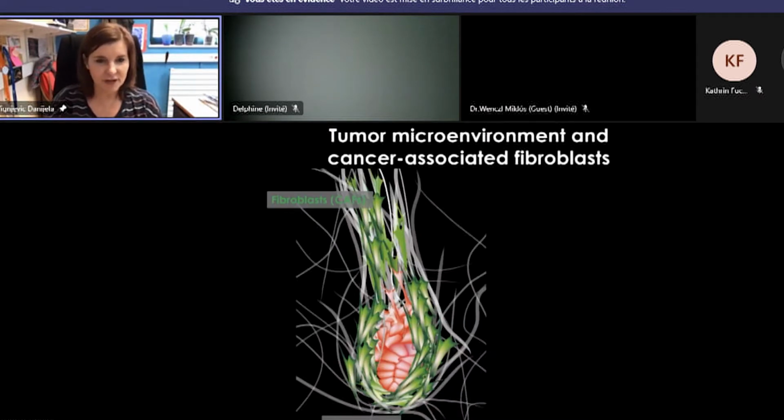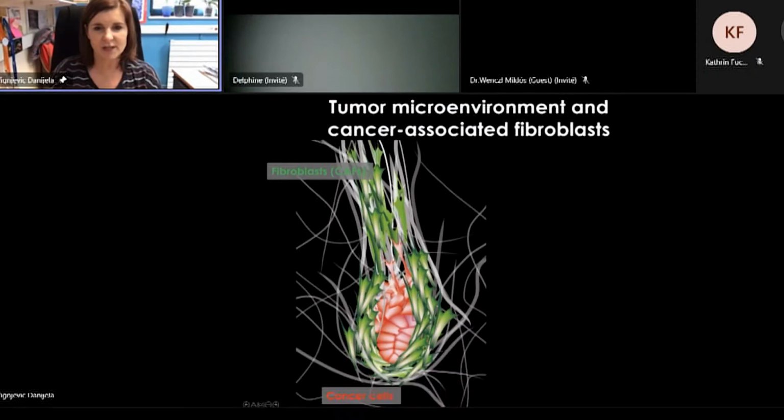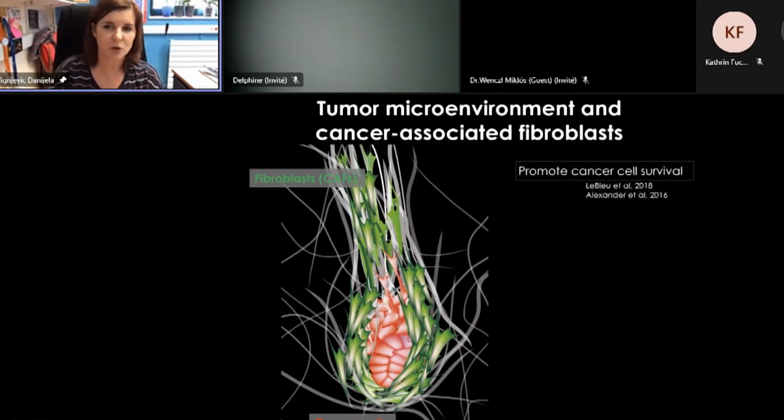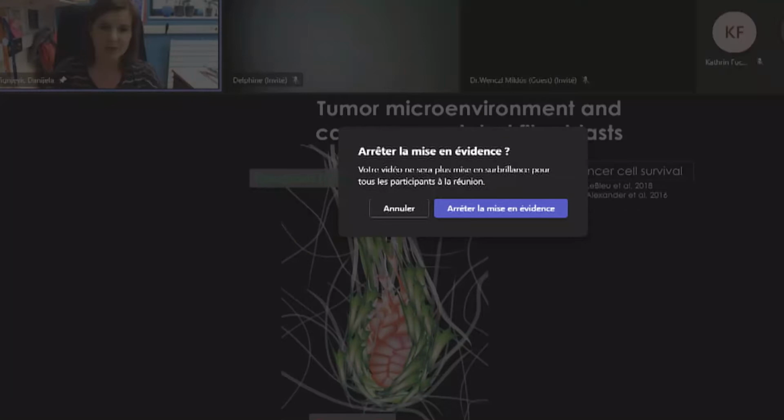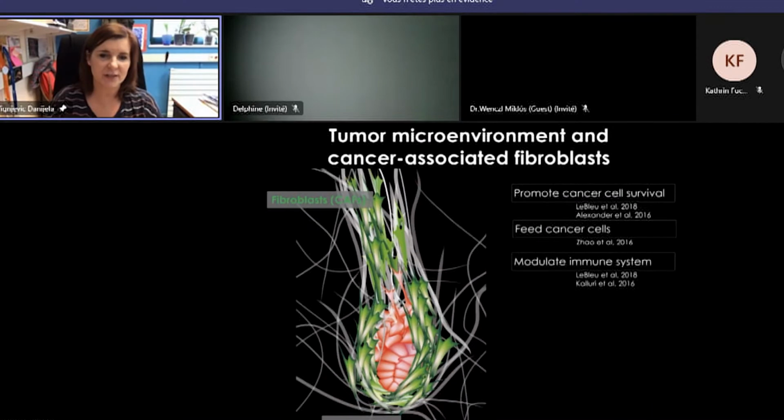They have different functions in tumors. They are shown to promote cancer cell survival and growth, but they can also feed cancer cells and modulate the immune system; in different contexts they can be pro-inflammatory or decrease the inflammatory reaction. As well, they can have two opposite roles in tumor spreading.